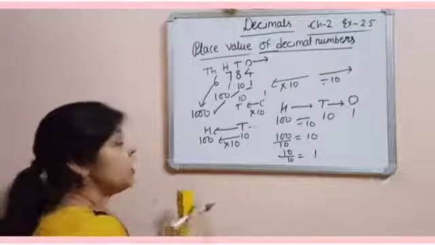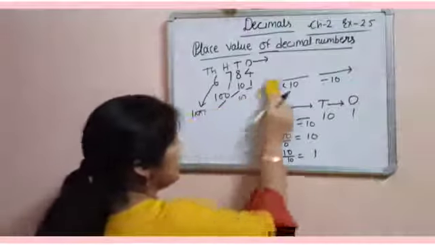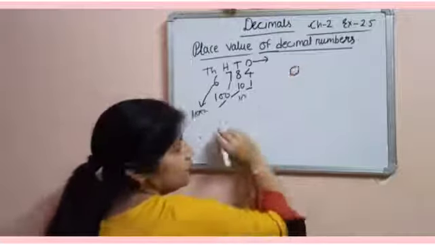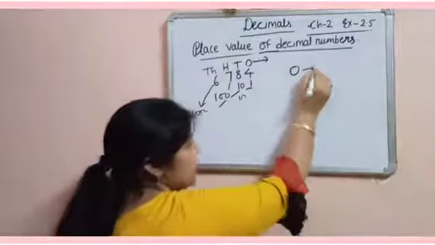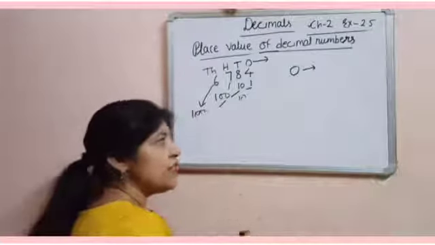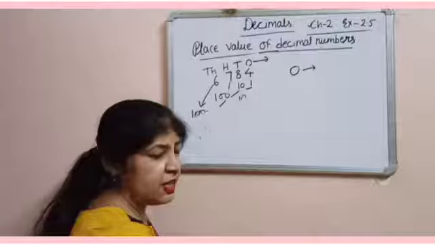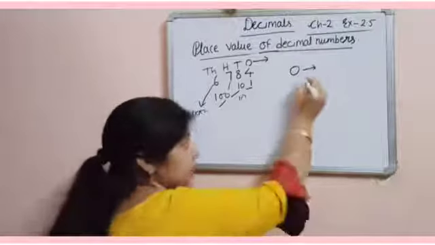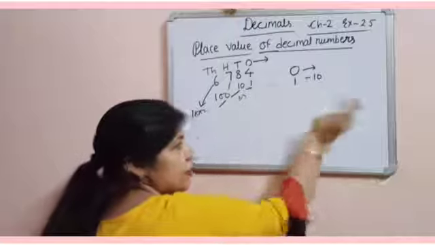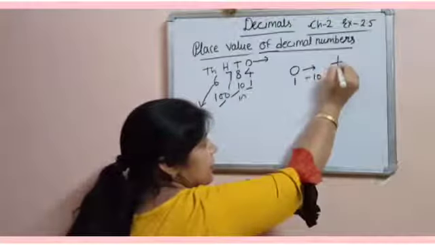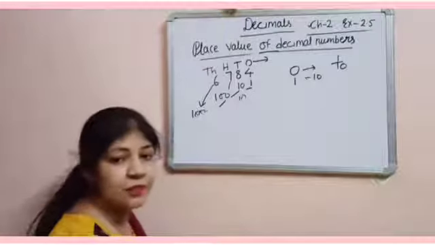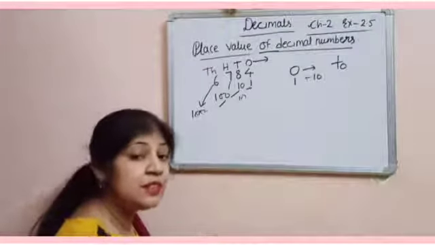Now, if you are at 1's position and you move towards the right hand side, the value decreases by 10 times. You know very well, it is 1, 1 divided by 10, that is 1 by 10, called 1/10.